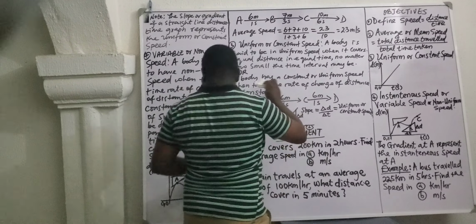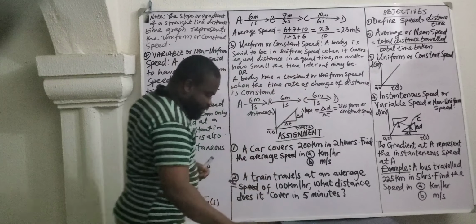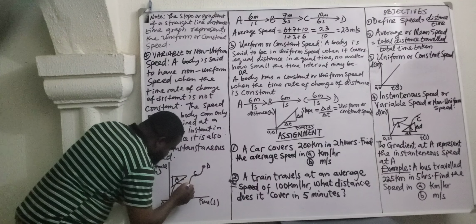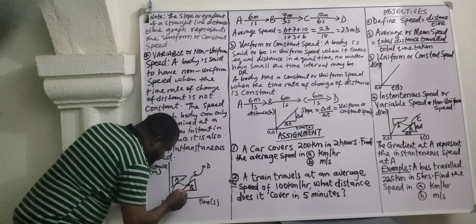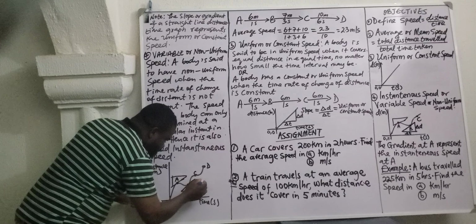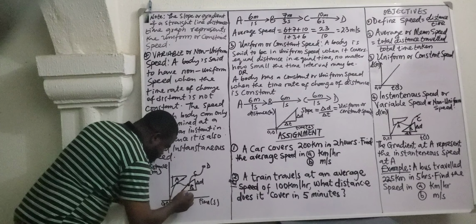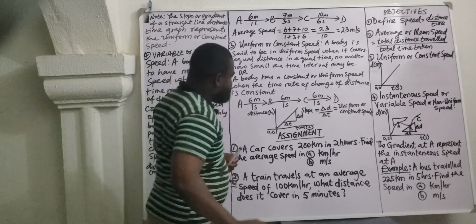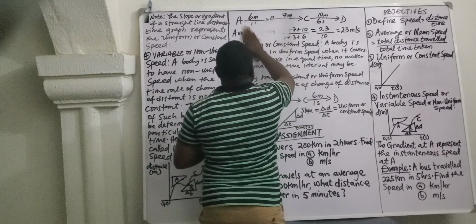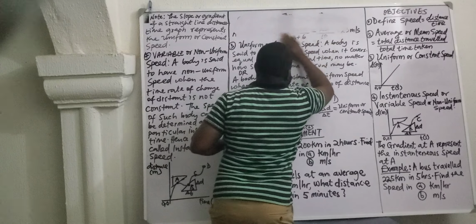So the gradient at point B, I will take a tangent at that B, form a triangle, take the change in the distance over the change in time at that point B, gives me the what? Instantaneous speed at point B.